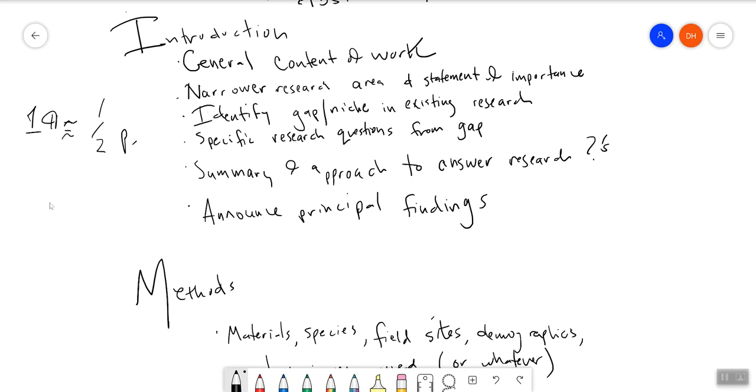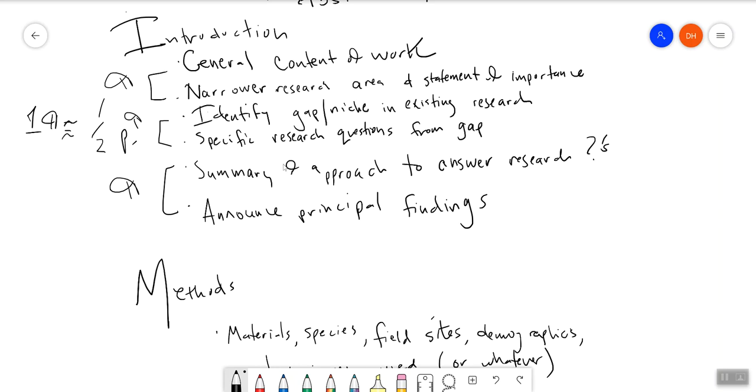If you've got a 10-page paper to write, this lets you know, okay, I can do the general content of the work, the research area, in a paragraph. Maybe these two, and these two are all paragraphs. So that means I've got 3 paragraphs just from my introduction.